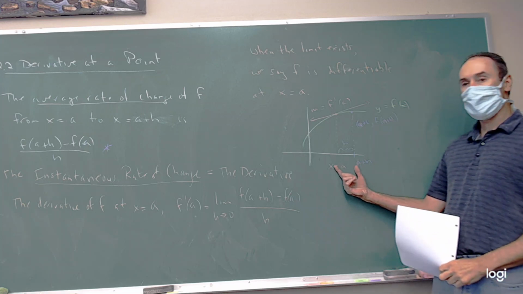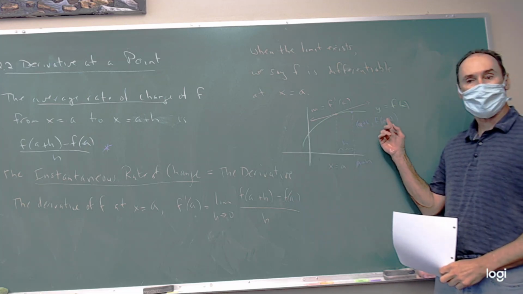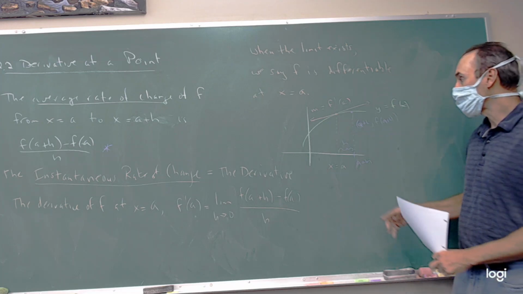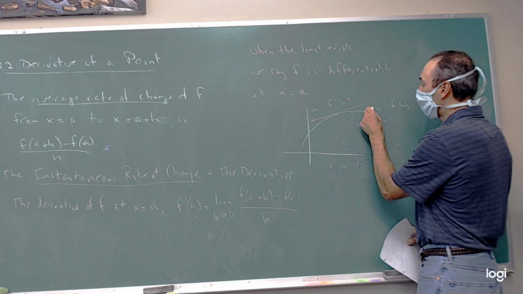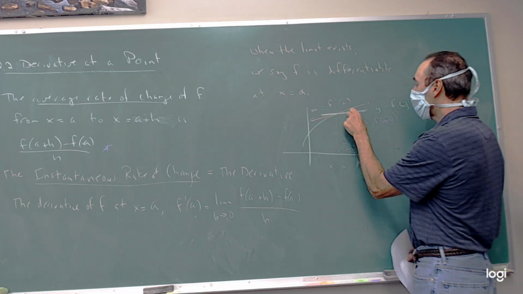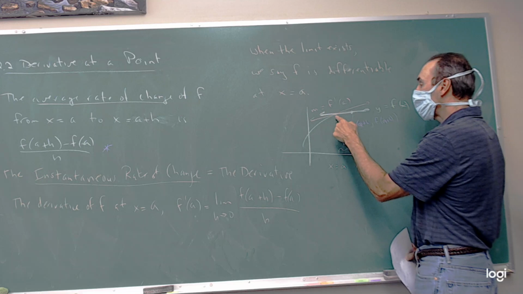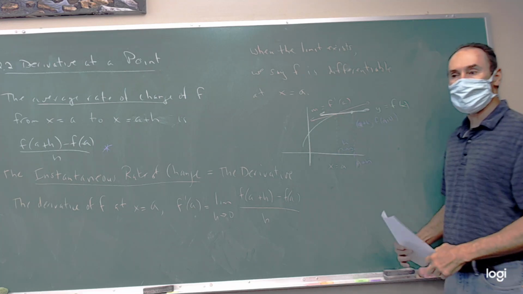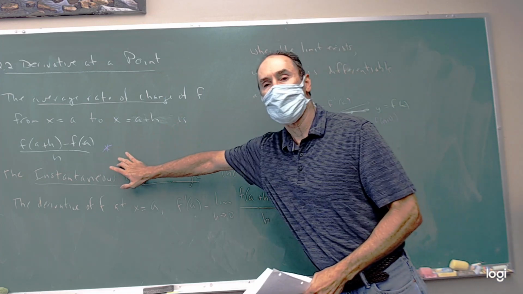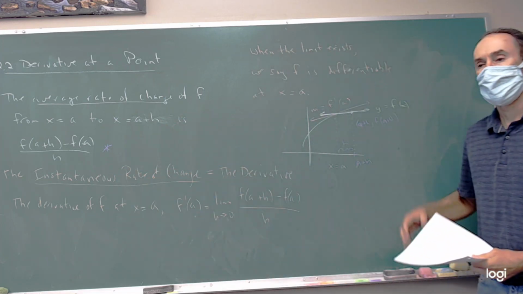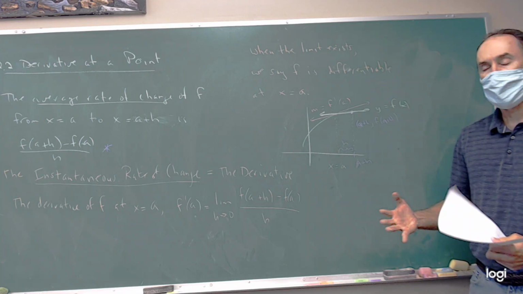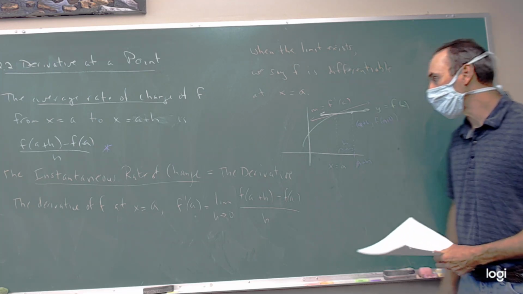So the average rate of change of this function from x equals a to x equals a plus h is the slope of that secant line. So when you look at the line that goes from two distinct points on that curve, that's an old pre-calculus idea. We'll call that an average rate of change. It's the slope of the secant line. So you have two different interpretations of that.